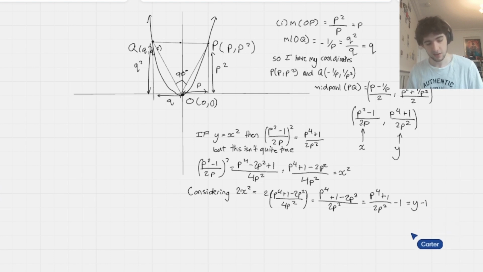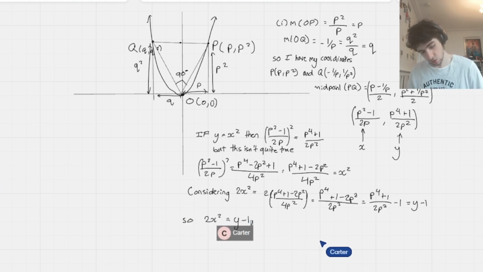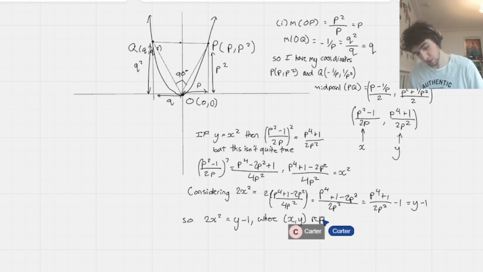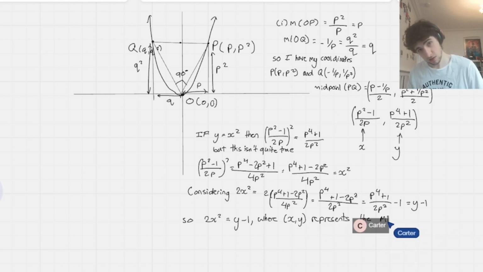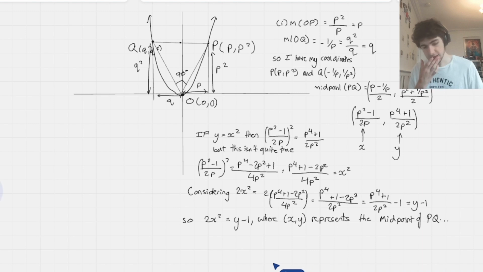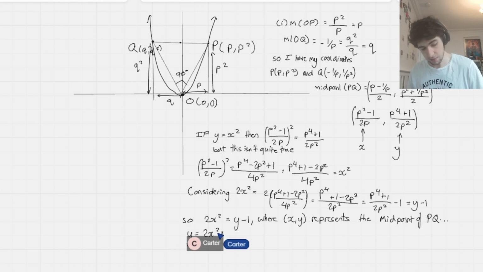Okay. So actually what I have now is a function of x. I have 2x squared is equal to y minus 1, where the coordinate x, y represents the midpoint of PQ. And so my locus of the midpoint R of chord PQ is just going to be the function y equals 2x squared plus 1.